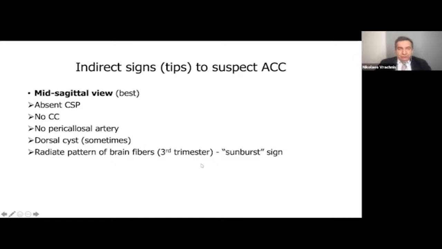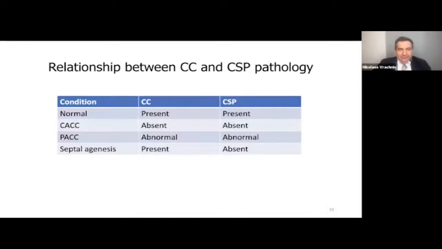I don't have pictures in these last three slides because I want you to visualize. These pictures were shown earlier, the majority of them, so I want you to visualize these findings on the different views: axial view, mid-sagittal view, and coronal view.